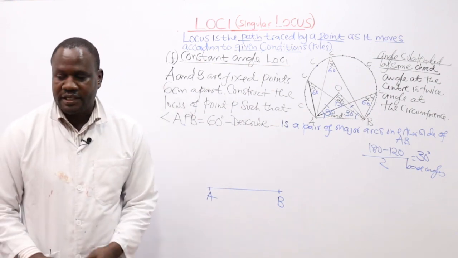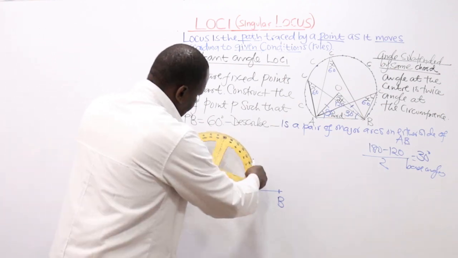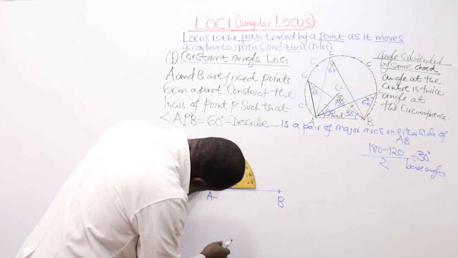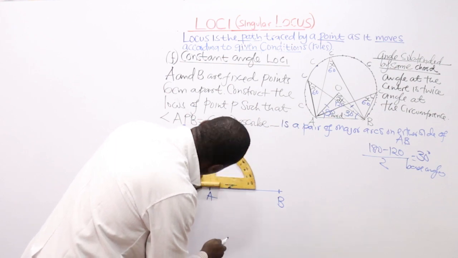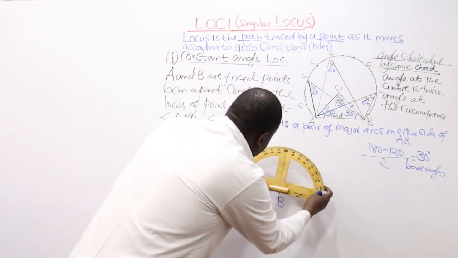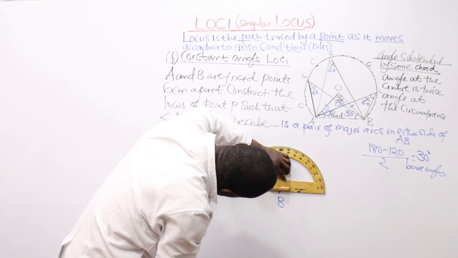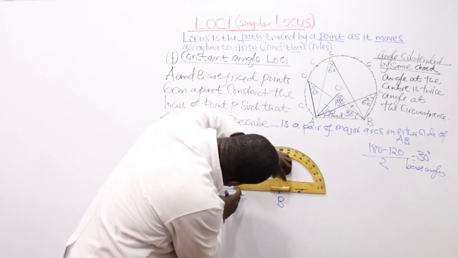We can use the protractor. Get 30, and 30.